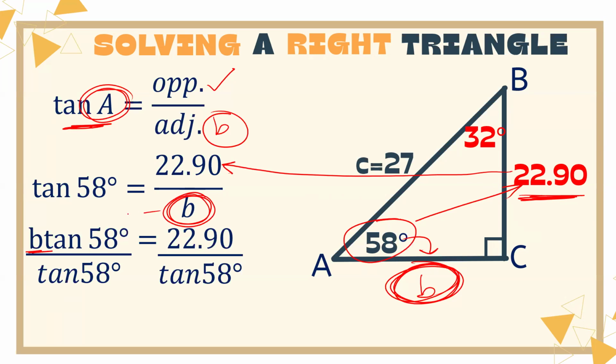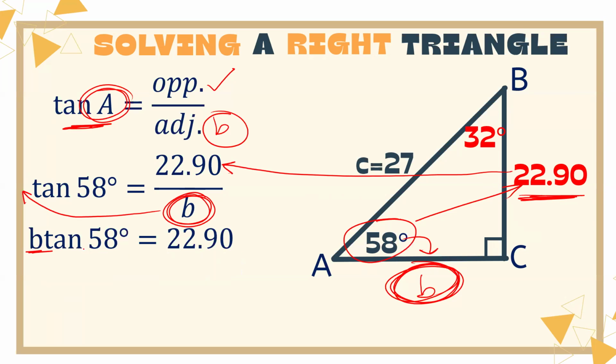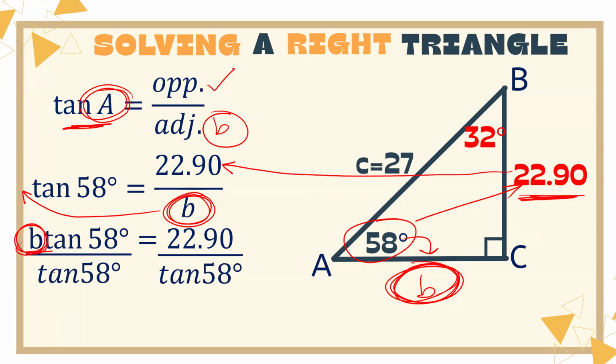So we transpose B to the other side, and then we get B tangent 58 is equal to 22.90. So to isolate B, to solve for B, we divide both sides by tangent 58. So this cancels. And what is 22.90 divided by tangent 58?